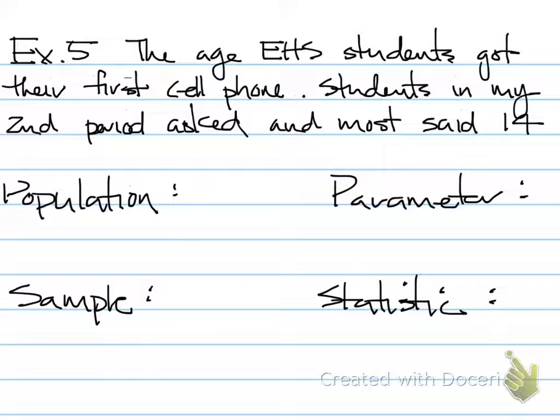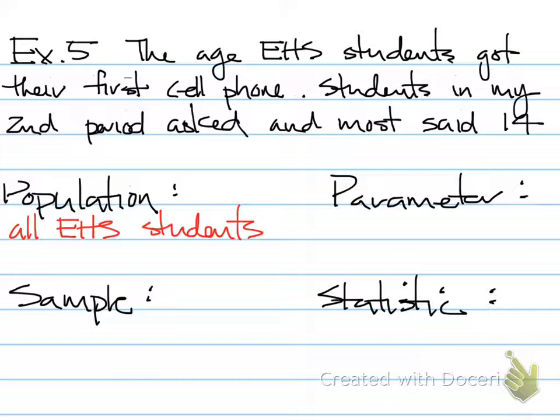And in this next example, we're looking at the age that Etiwanda High School students got their first cell phone. Students in my second period were asked, and most said that they were 14 when they got their first cell phone.